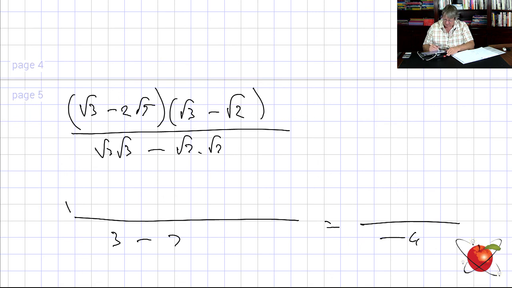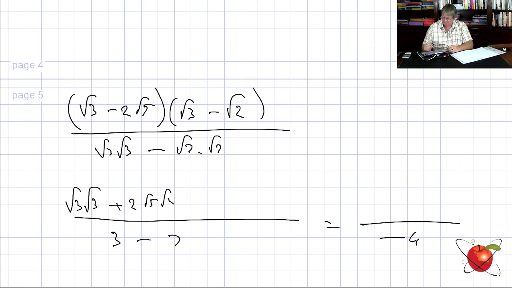On top, I'm now going to have root 3 times root 3, okay? Minus 2, this is a root 2 there, right? Yep, that's root 2. Minus 2 root 5 root 2, correct? That's plus that, right?